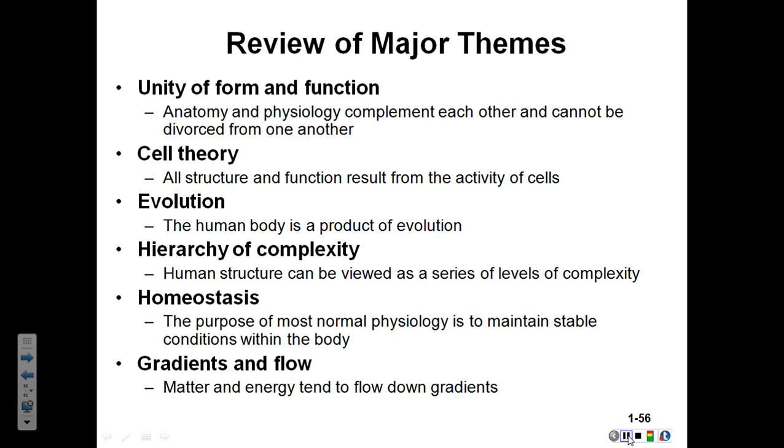What did we say cell theory was? Remember? We all are what? We all evolved from a what? Common ancestral cell. Evolution being able to what? Adapt and evolve. Who remembers the hierarchy of complexity?